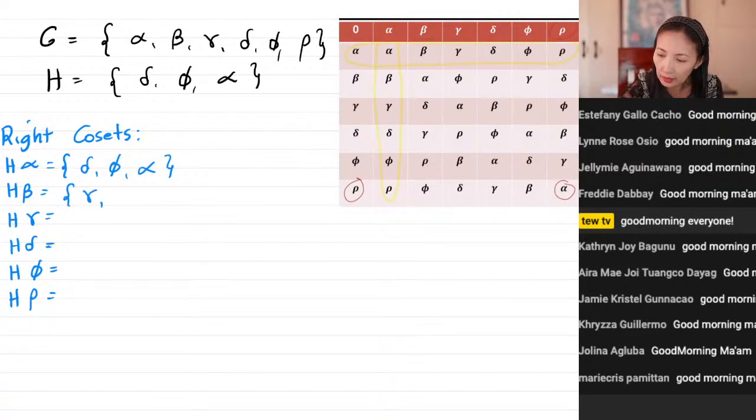Next, phi times beta. Phi times beta is rho. So rho. Next, alpha times beta will be beta.